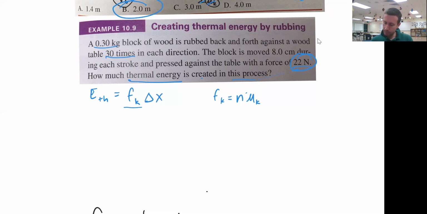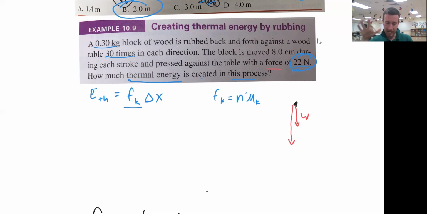Okay, so step one is let's figure out the force of the block. So I'm actually going to draw a force diagram on this one. It'll be fun. So pushing down, I have the weight of the block. And then I've also got on the block the force of the push, right?